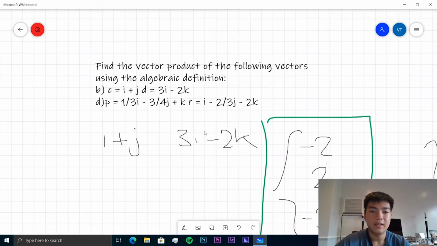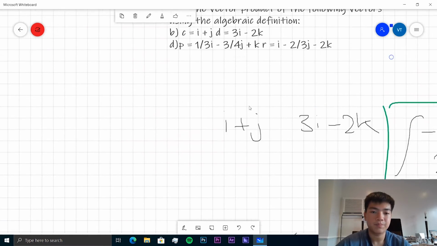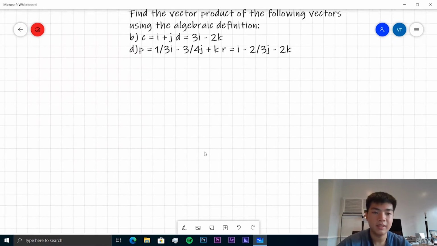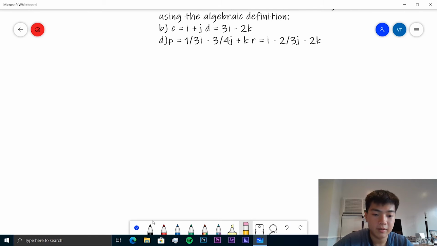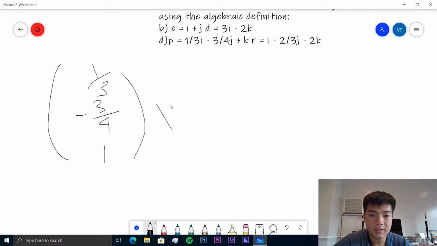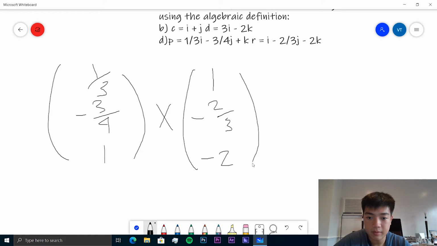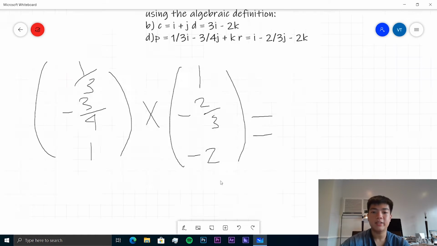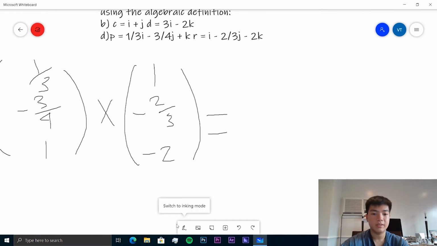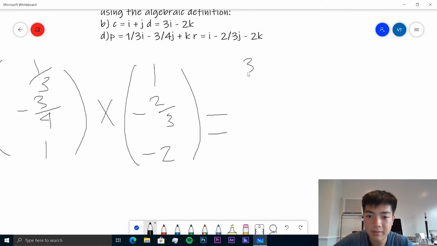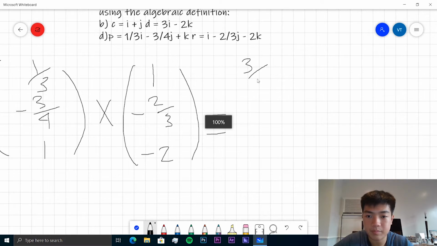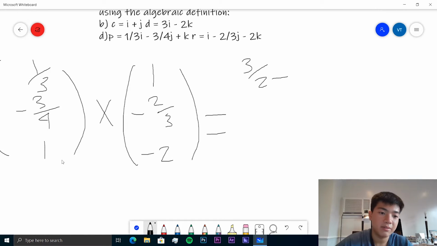Okay, and then let's move on to the next one, and that is over here. So we have the vector 1/3, negative 3/4, and 1. And we need to multiply this by 1, negative 2/3, and negative 2. So this will be equal to A2B3. So A2B3 is 3/2 minus A3B2.